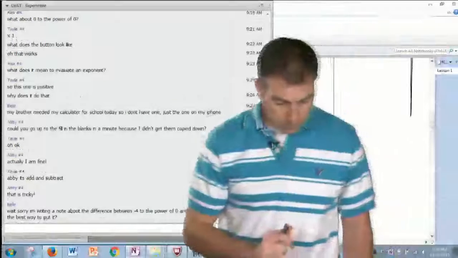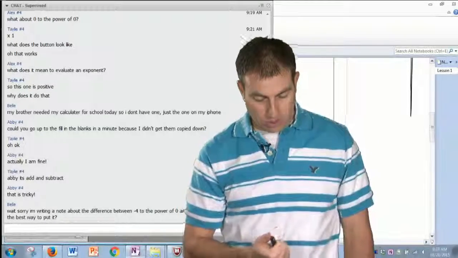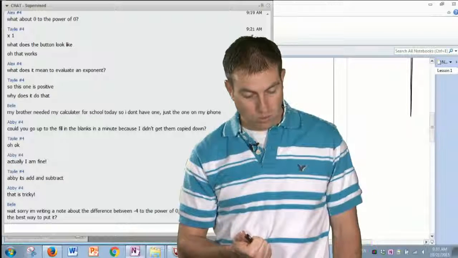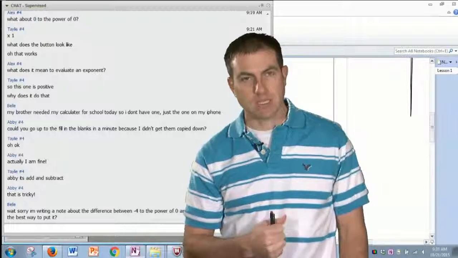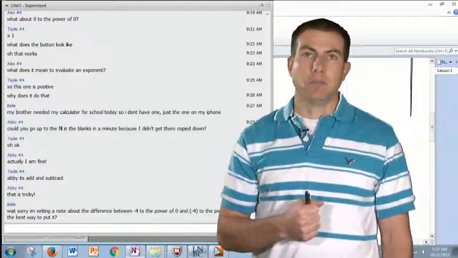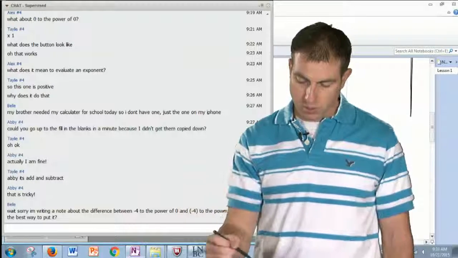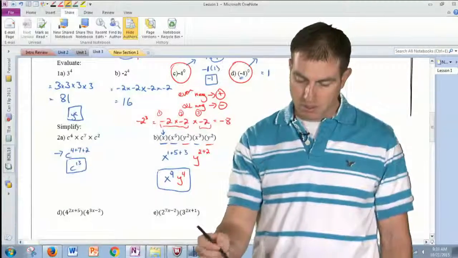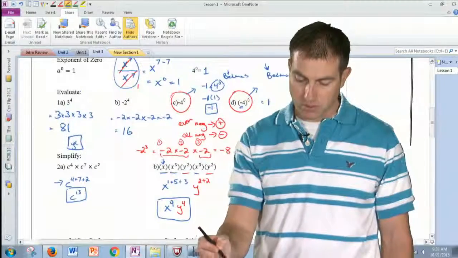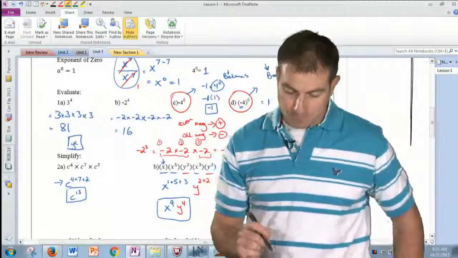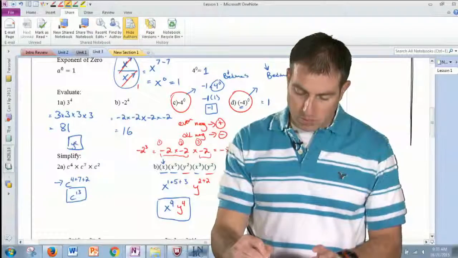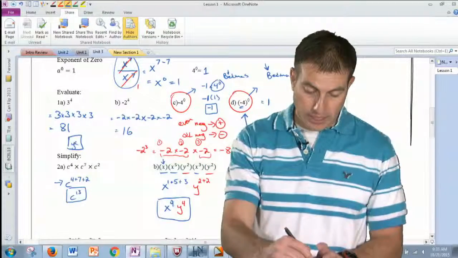So Belle, you asked about the difference between negative 4 to the power of 0 and negative 4 in brackets to the power of 0. What is the best way to put it? It's a good question. How are we going to maybe simplify that or write a note about it so we remember? I guess the important one is here, the second one.